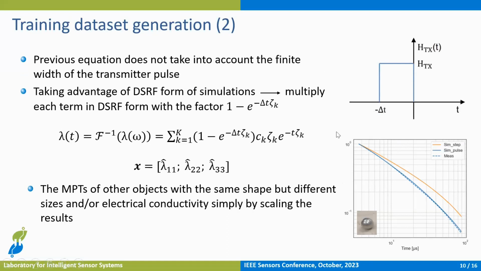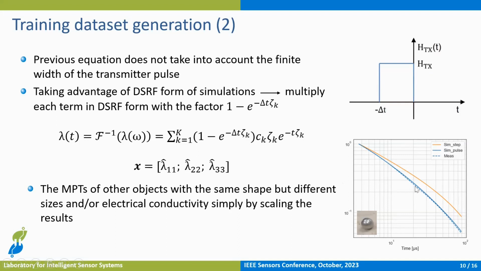The next step: at this point, we didn't take into account the finite width of the transmitter pulse. The transmitting current running through the coil has some width, which affects the amplitudes of extracted features. To account for that, we must multiply by this factor.